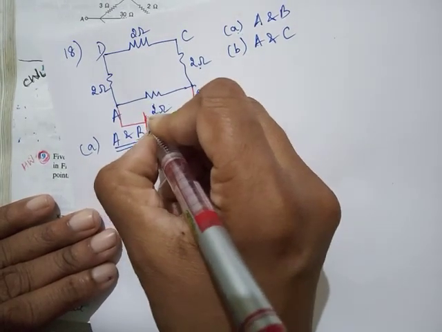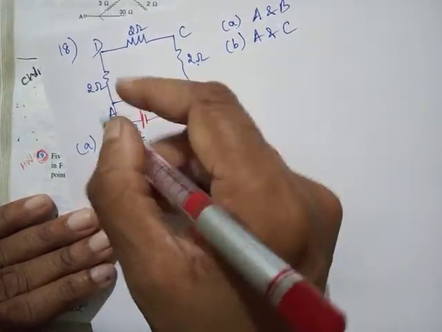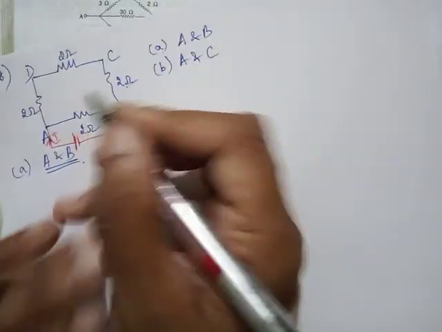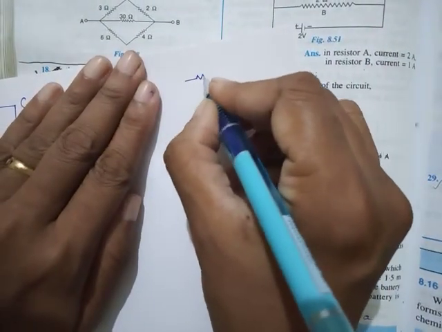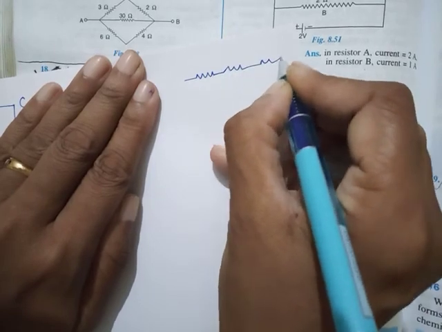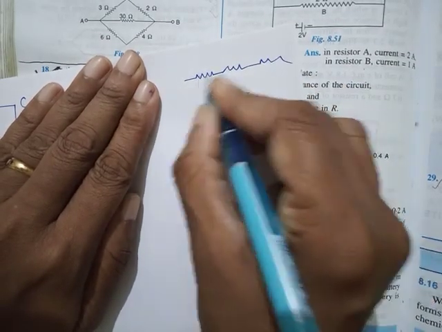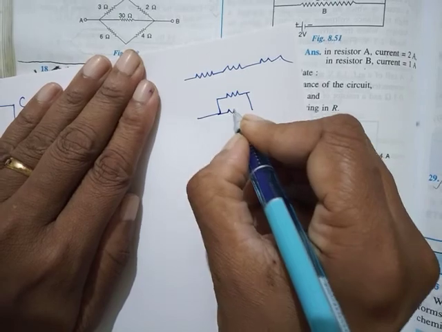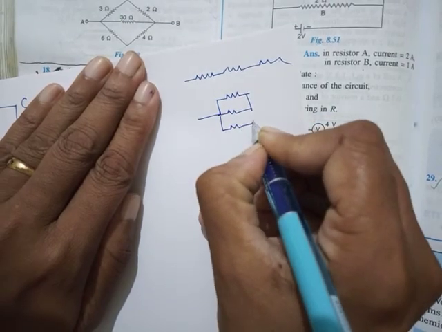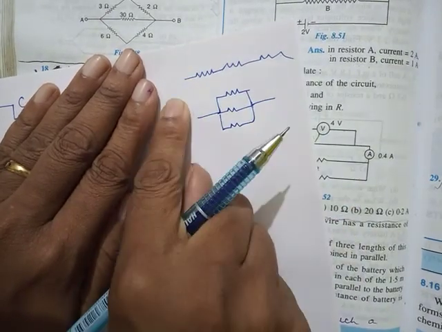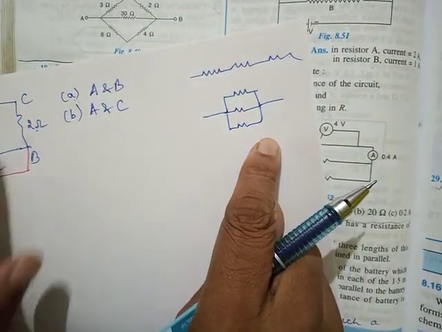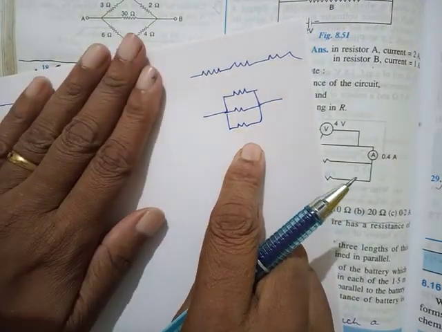Now if there is a battery here, the current I will come here. Now one way to decide series parallel is just by looking at it: one next to the other is series and one below the other is parallel. Now every time you can't see it directly, it will be like this box kind of a thing, then it is very difficult to decide.